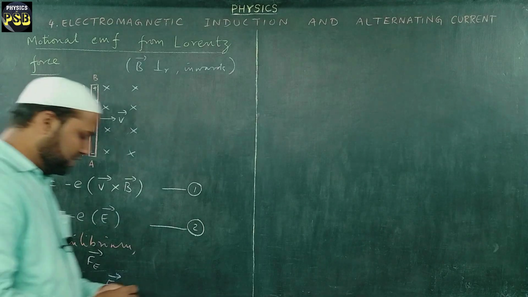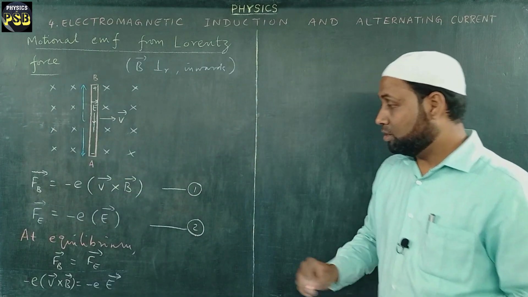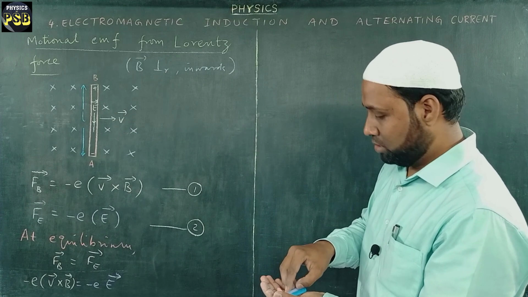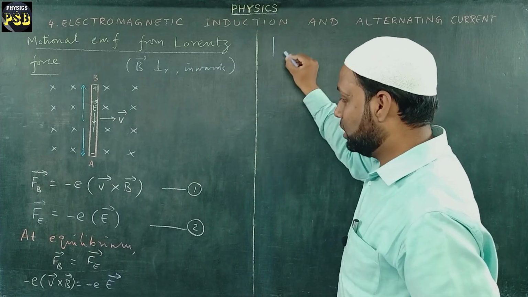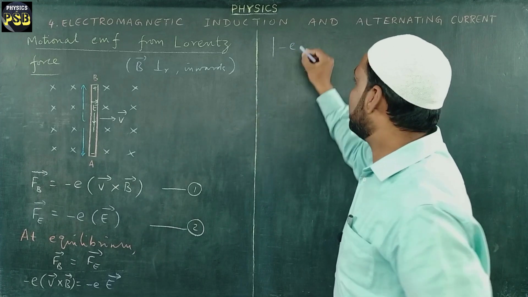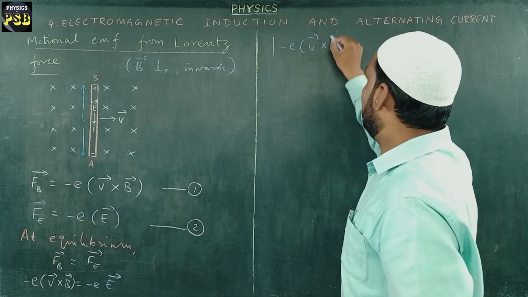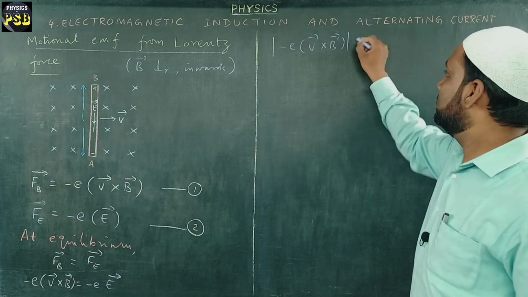Now I am going to take their magnitude. This is a modulus, which represents the magnitude of a given vector quantity.